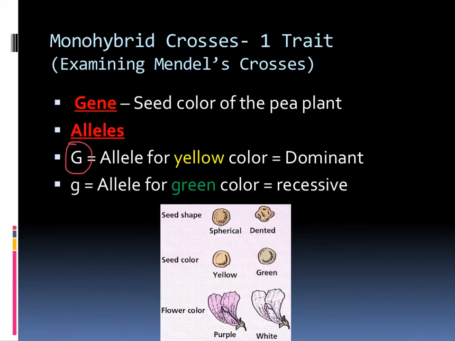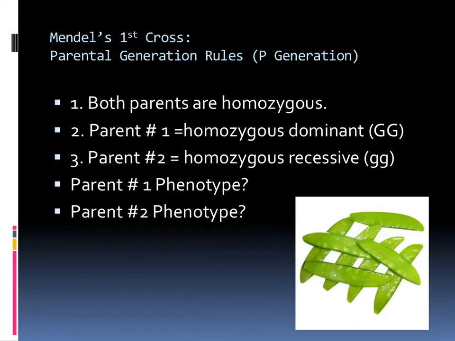This is the seed color. So his first Punnett square problem is called the parental generation, also known as the P generation. In the P generation, the rules are that both parents must be homozygous.